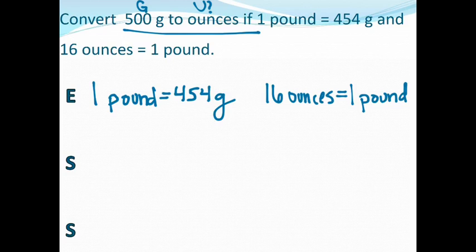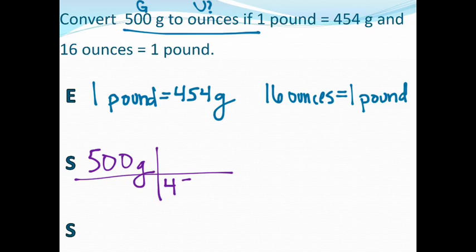Remember, we start with our given, which here is 500 grams. I need to cancel out those grams, so I'm looking in my equations and finding the one place that has grams and putting it on the bottom. The other half of its equation, that 1 pound part, goes on top. I didn't quite get to ounces, so I'm going to need another conversion factor.